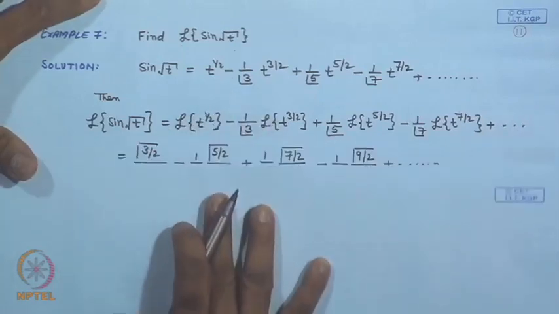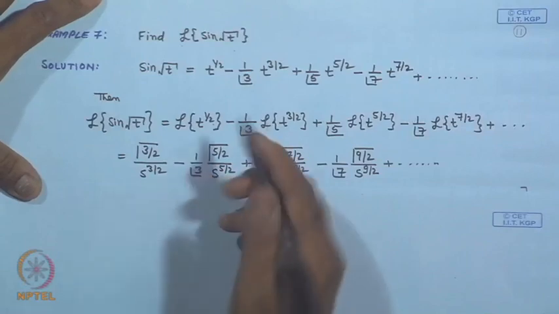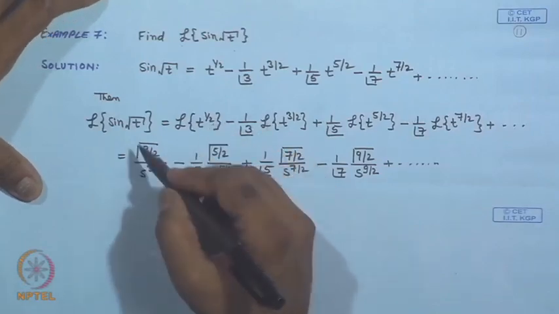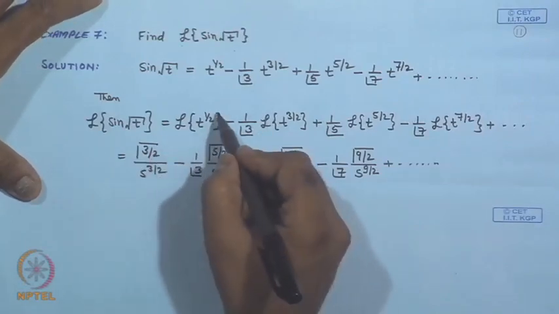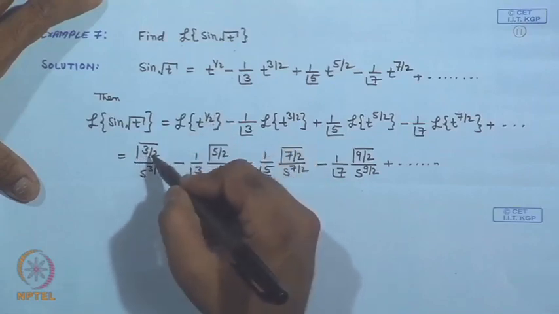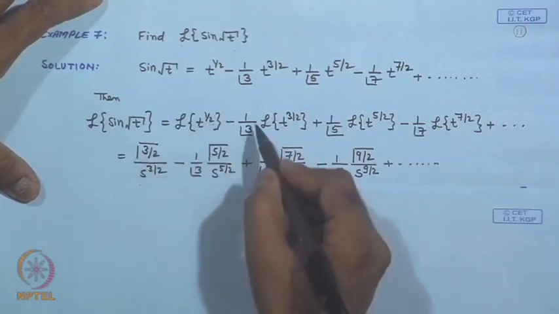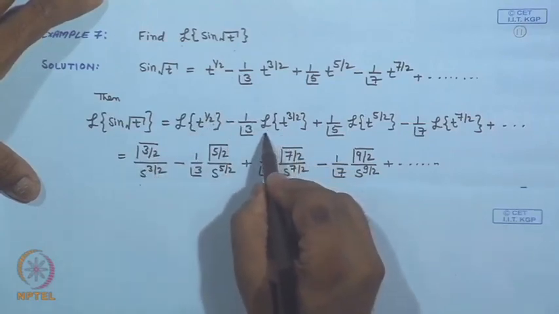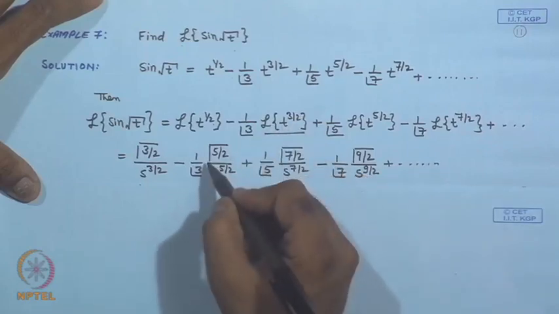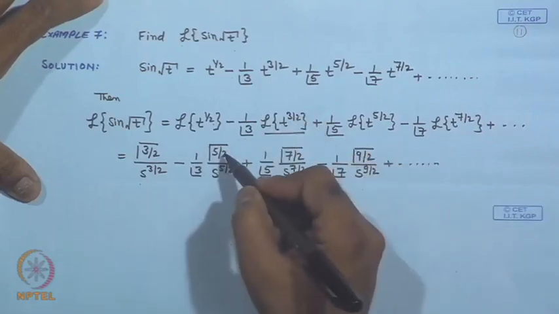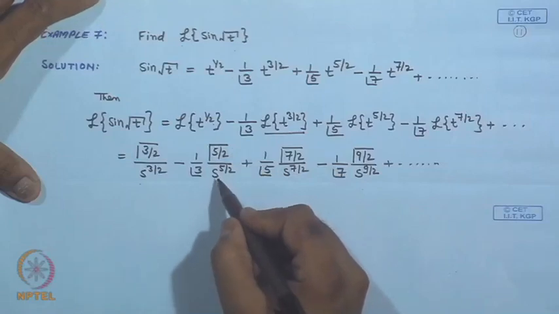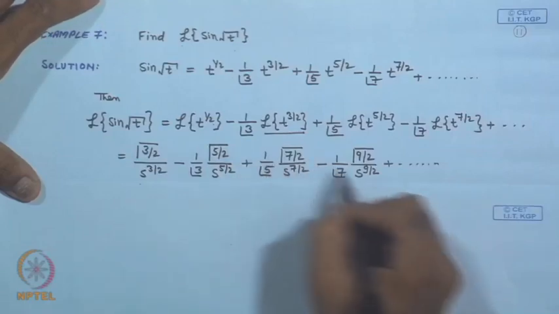We apply the formula to get the Laplace transform of t^(1/2), which is gamma(1/2 + 1) = gamma(3/2) over s^(3/2), minus 1 over 3 factorial times gamma(3/2 + 1) = gamma(5/2) over s^(5/2), and so on.